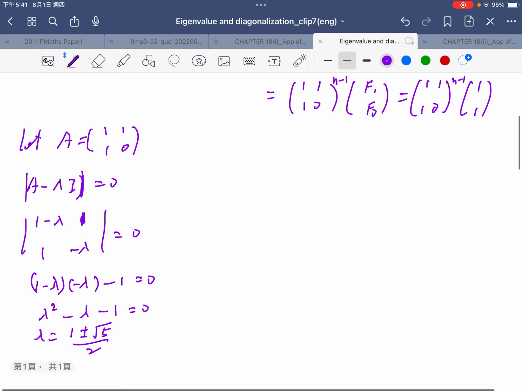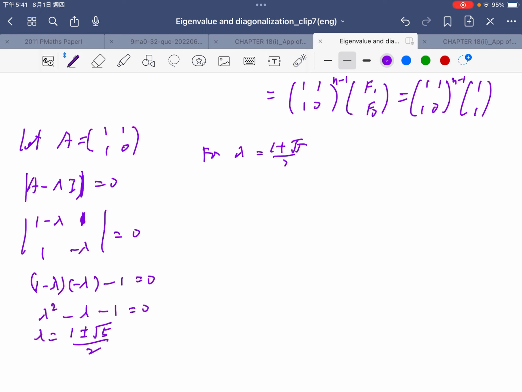And then for lambda equal to 1 plus square root of 5 over 2, the eigenvector matrix can be written like this. And for lambda equal to 1 minus square root of 5 over 2, the matrix can be written like this.